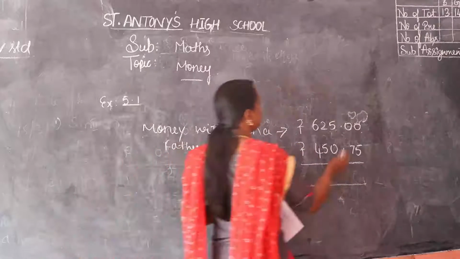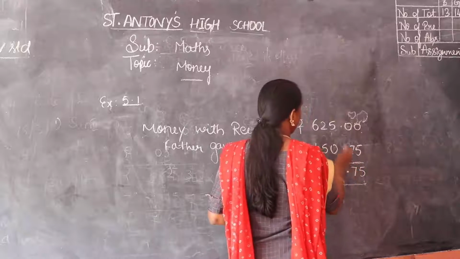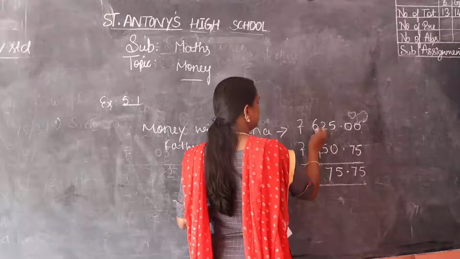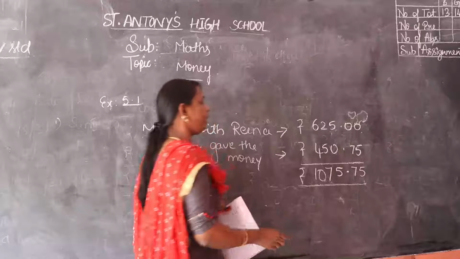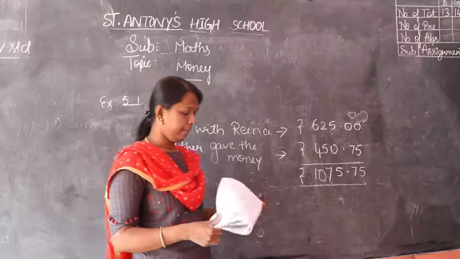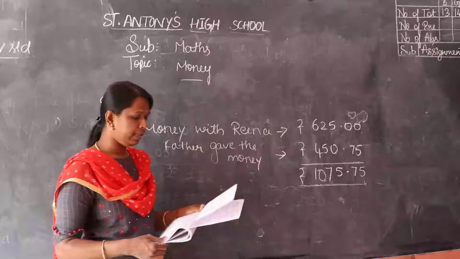Okay. 0 plus 5, 5. 0 plus 7, 7. 5 plus 0, 5. 2 plus 5, 7. 6 plus 4, 10. Answer is how much? 1,075 rupees, 75 paisa. Okay, like that you have to add all the monies.